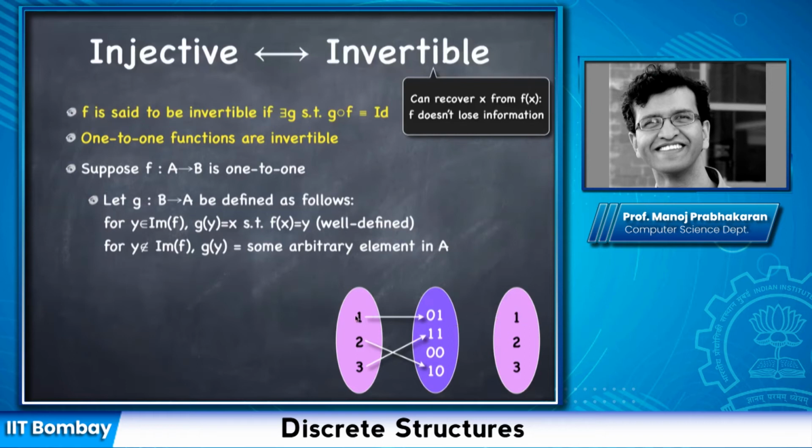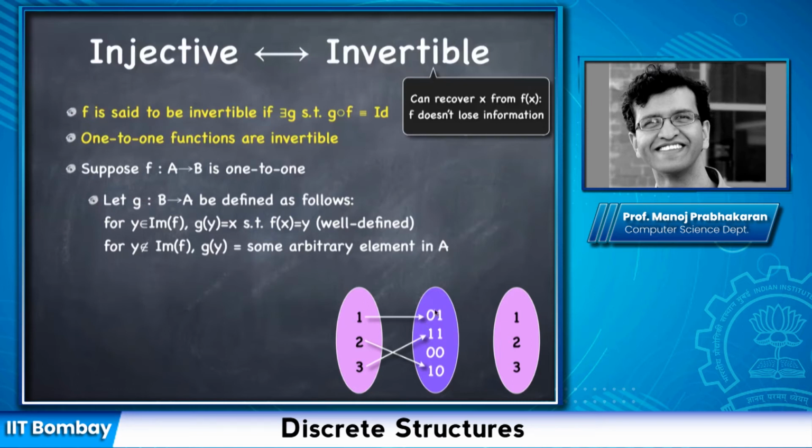And since the composed function should be the identity function going from the domain of f to the domain of f, it better be the case that the codomain of g is the domain of f. So if f is from A to B, then g is from B to A.